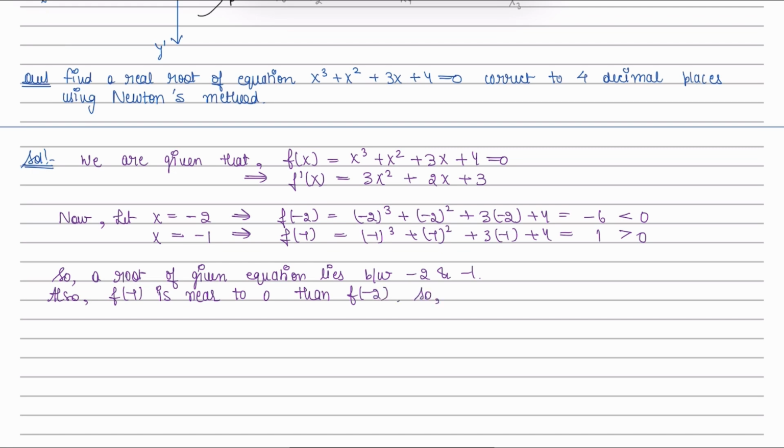So taking initial approximation as minus 1. For the iteration 1, x1 is equal to x0 minus f of x0 divided by f dash of x0.